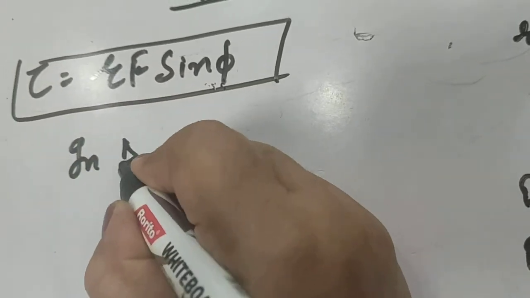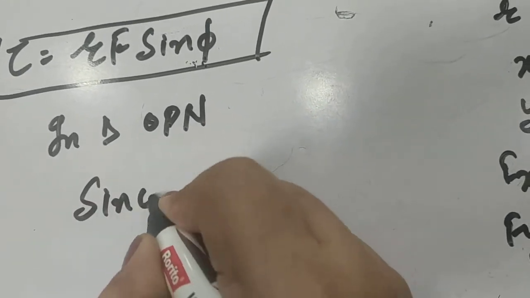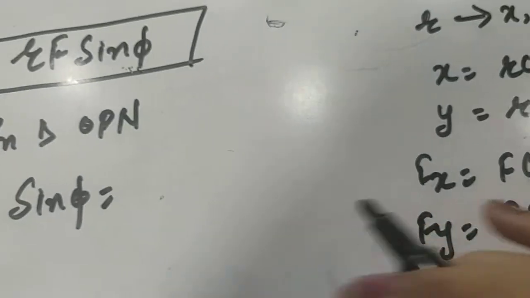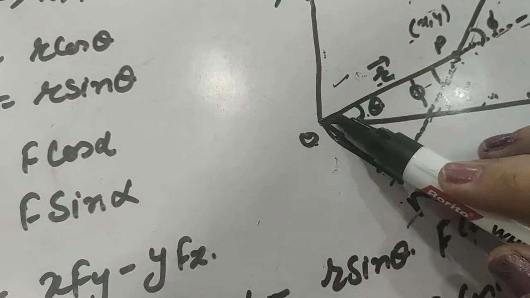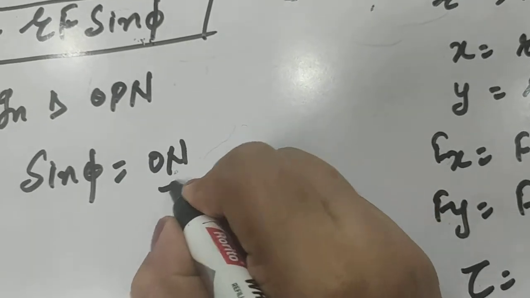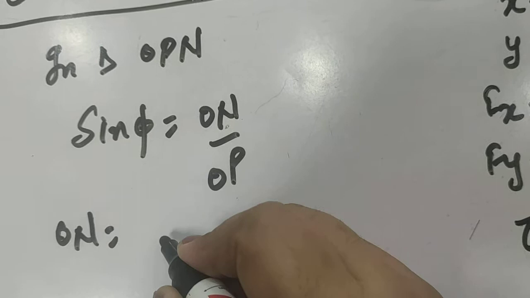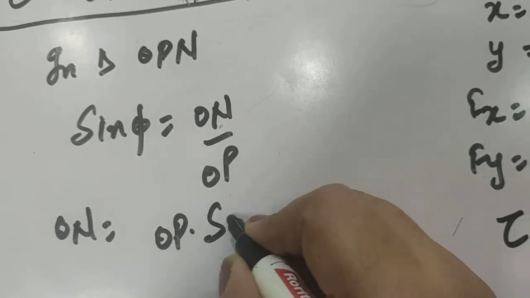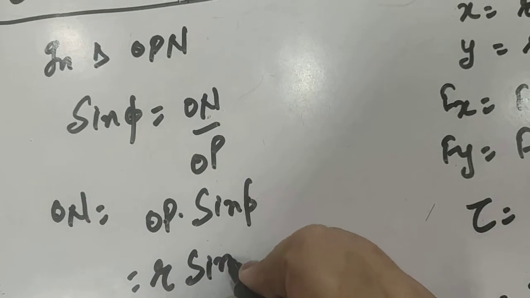In triangle OPN, sin phi is equal to perpendicular upon hypotenuse, that is ON upon OP. So ON is equal to OP into sin phi, where OP is r, so ON is r sin phi.